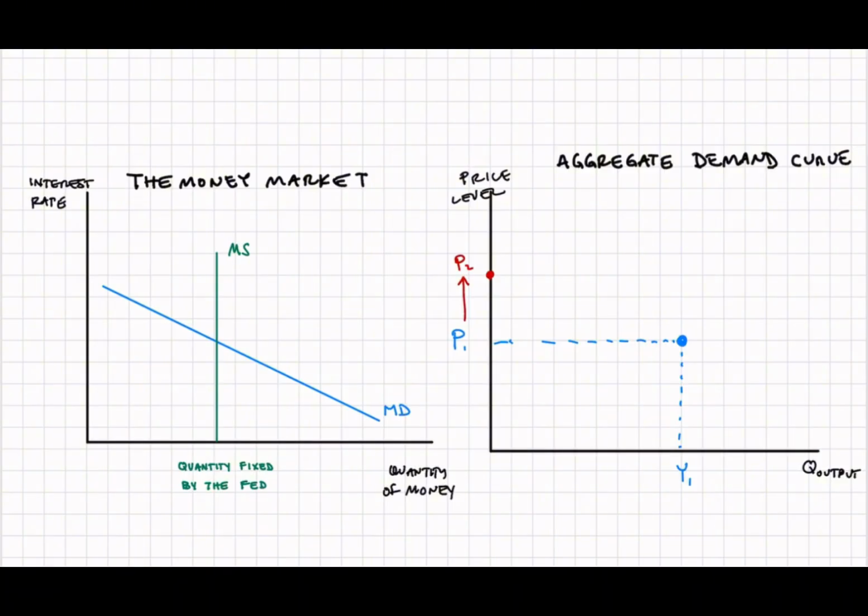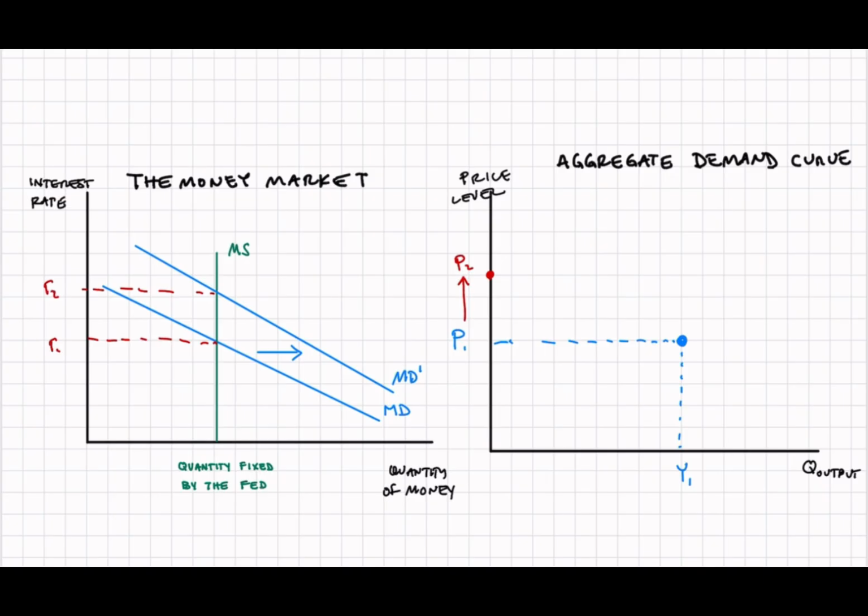Because price levels are higher, individuals are going to want to hold on to more money, which takes the money demand curve and shifts it out to this point here. And that's going to raise interest rates from this point here, which is where the interest rates were, to this point here, which is where interest rates now are.